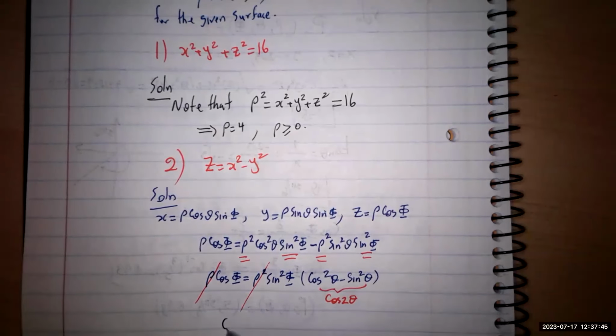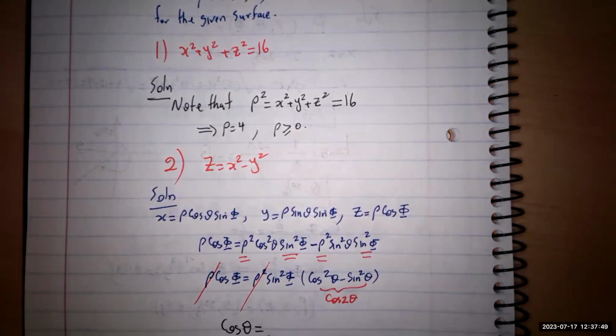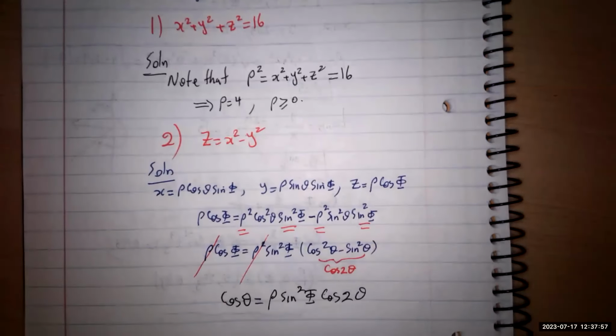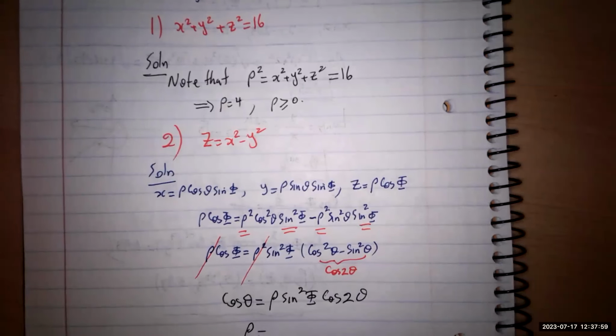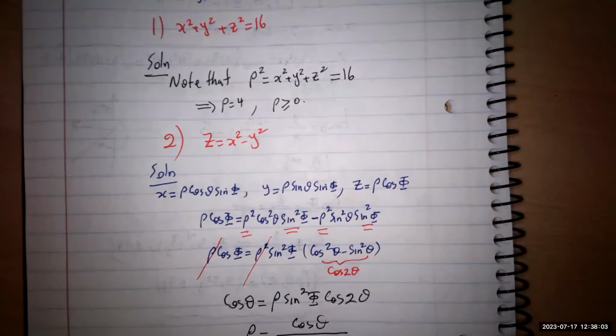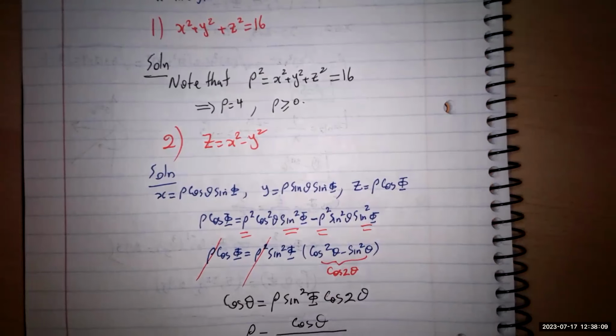So you get a cosine of phi here, and over here you get rho sine squared of phi, and then you get a cosine of two theta. You solve for rho. So rho would be cosine of phi over sine squared of phi times the cosine of two theta.